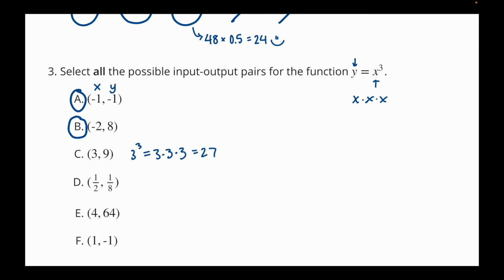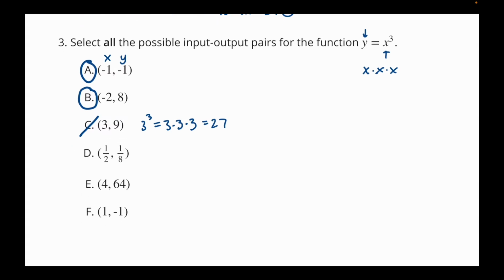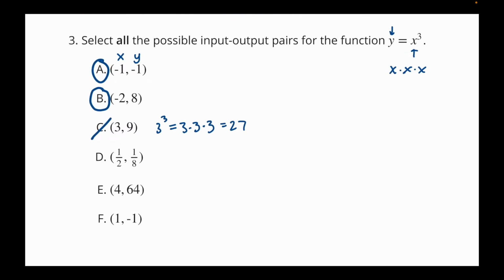So that's why we're going to say nope to answer C. And for option D, this one works as well, because with fractions, when we multiply, we're going to multiply straight across. So this would be 1/2 times 1/2 times 1/2, which means we would do 1 times 1 times 1 to get 1, and 2 times 2 times 2, which would give us 8. So this one works as an input and output pair.